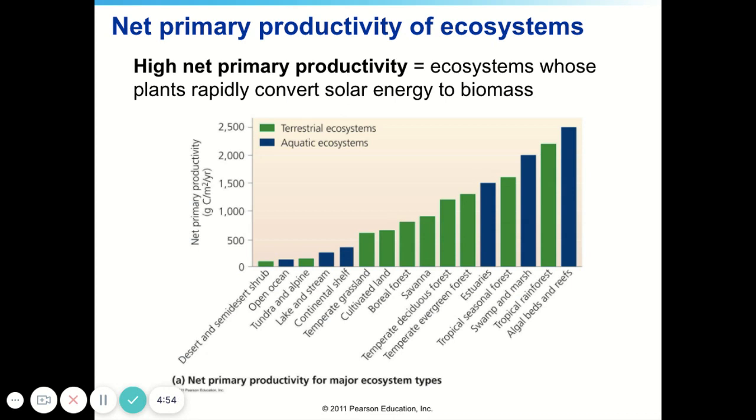Here is a graph comparing the NPP of some of the world's ecosystems. You can see that the real hot spots for primary productivity include algal beds, reefs, tropical rainforests, and some of the low spots would be deserts and open ocean because there aren't very many producers in those areas.